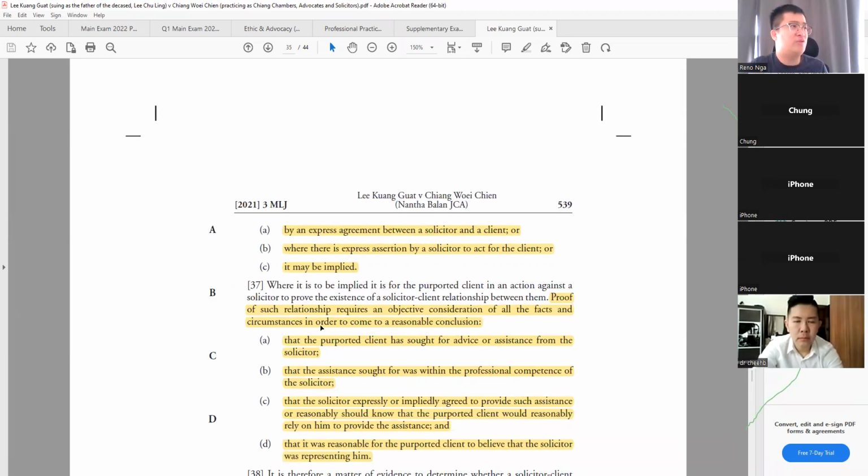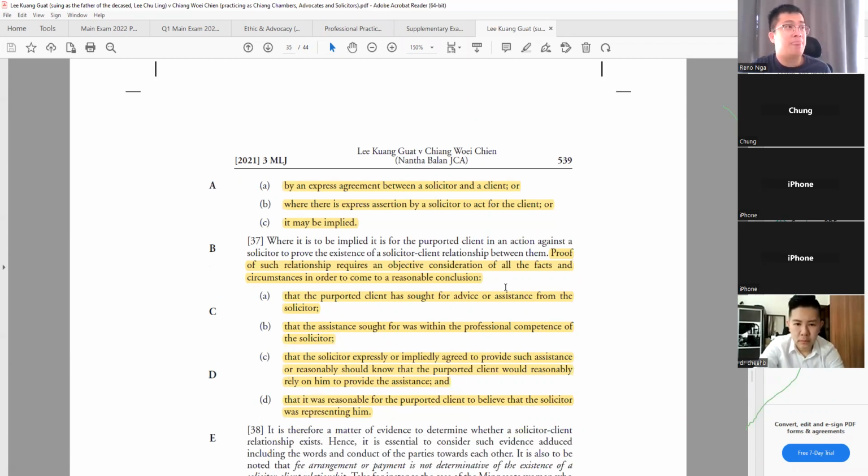So proof of such a relation requires an objective consideration of all the facts and circumstances in order to come to a reasonable conclusion. Which means we cannot just say yes or no. We must consider the situation before the court comes to the conclusion that there is an implied retainer. So number 1, the purported client has sought advice or assistance from the solicitor. So let's say Dr. Chi will call me, ask me.